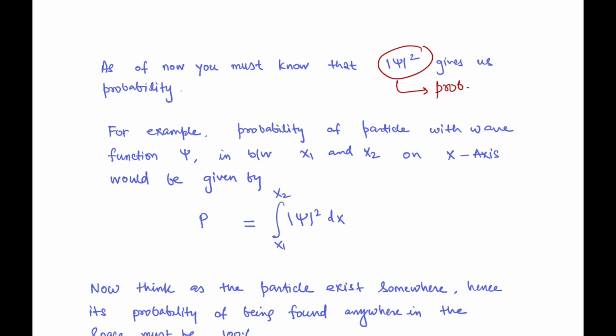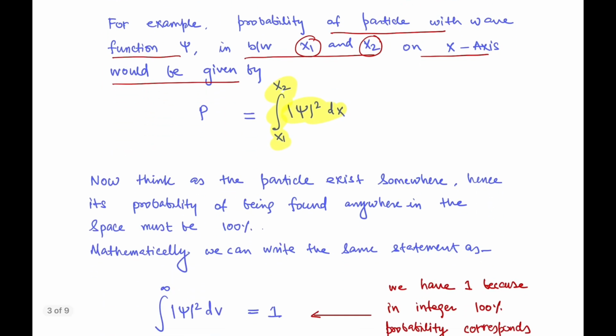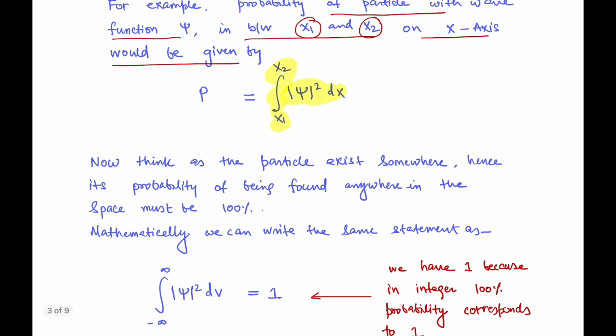For example, the probability of a particle with wave function psi in between two positions, say x1 and x2 on the x-axis, would be given by this formula: you integrate the magnitude of psi squared with respect to dx between the limits x1 and x2. Whatever value comes is the probability of that particle being found between x1 and x2.